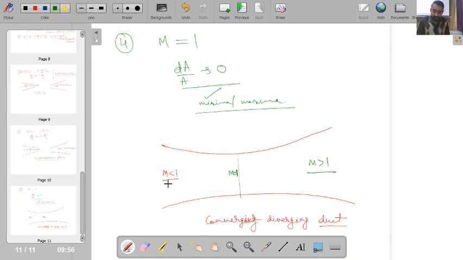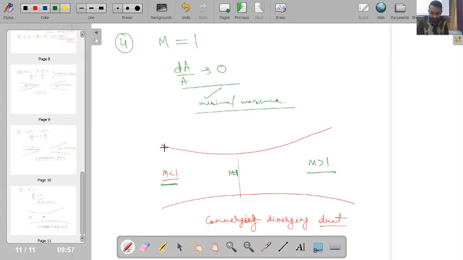So if in a converging diverging duct I start at a subsonic situation, then I am allowing the flow Mach number to reach the sonic condition, and after the sonic condition, if I have to go to a supersonic situation, then I have to increase the area.